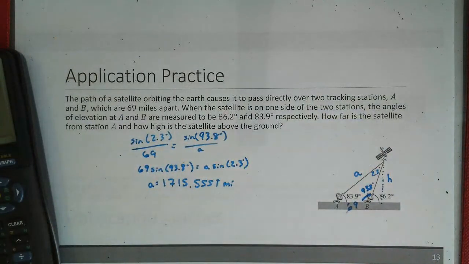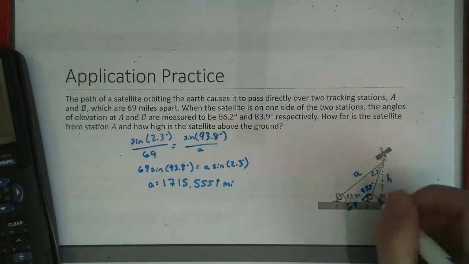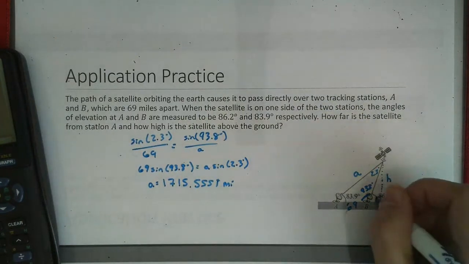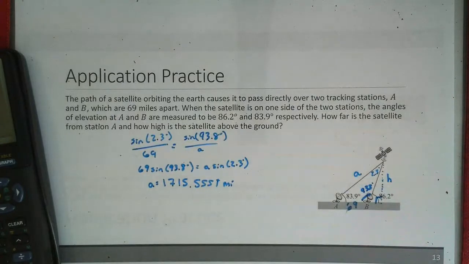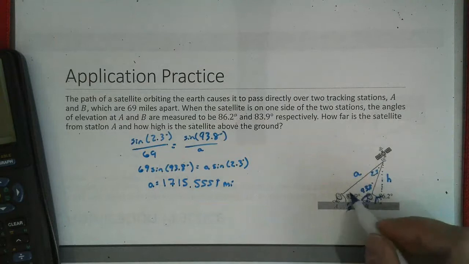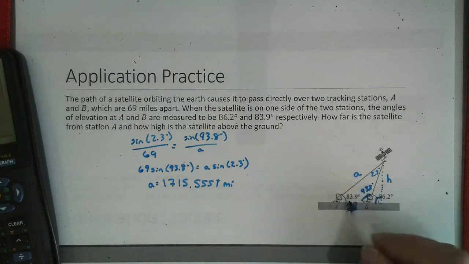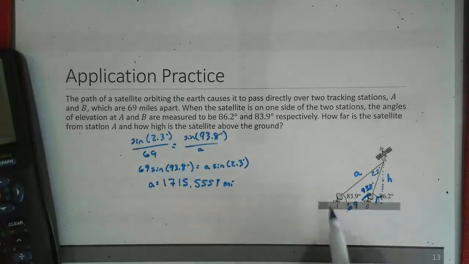But we also want to find the height above the ground. So I drew this line straight down to the ground, and that actually makes a right triangle. I know my A length, and I know my A angle. H is opposite, and A is the hypotenuse because this is a right triangle.